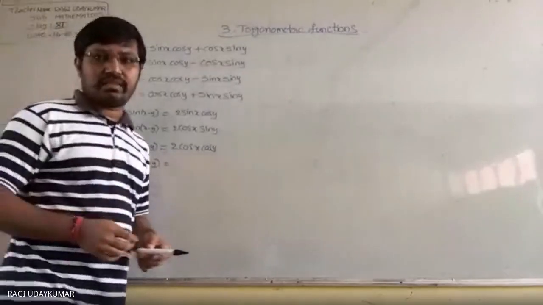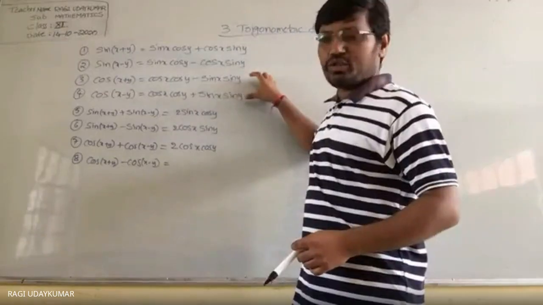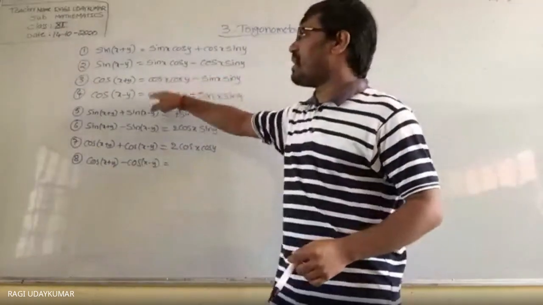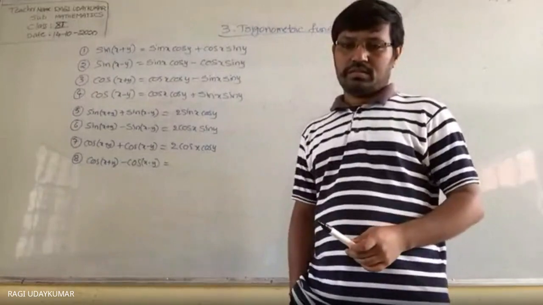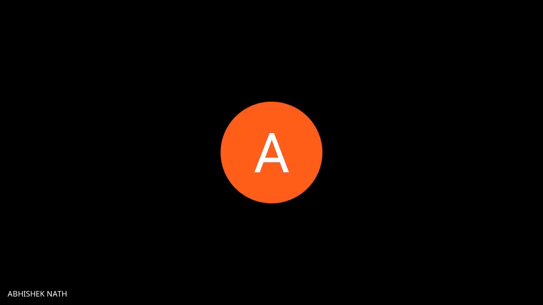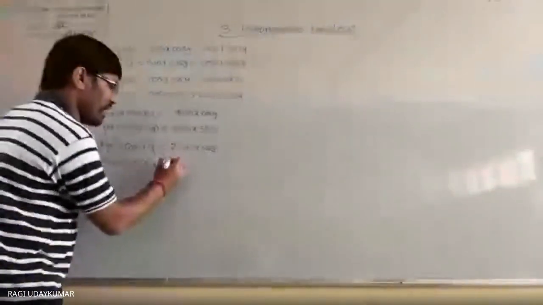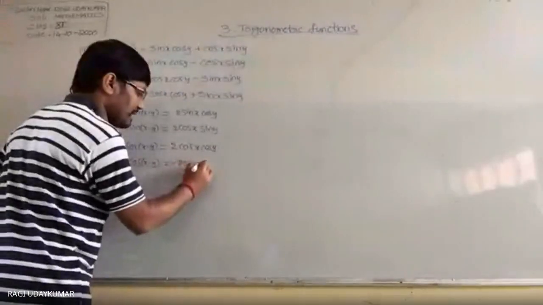I am asking minus. Sir, minus, number 8. If you subtract these two, this one minus this one. Sir, minus 2 sin x sin y. So it is minus 2 sin x sin y.